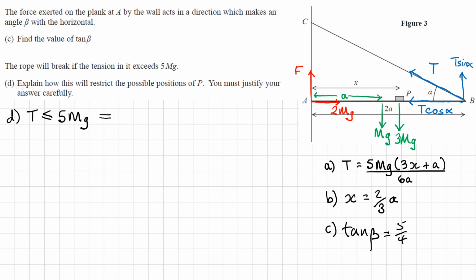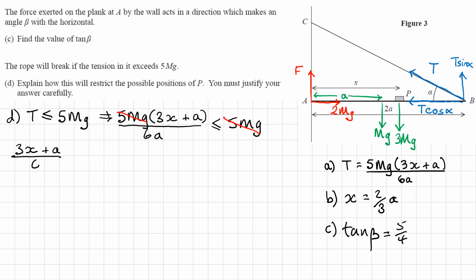So we can take our expression for the tension and put that for T. So we've got 5 mg, 3x plus A over 6A, needs to be less than or equal to 5 mg. Now we can divide both sides by 5 mg. So that will give us 3x plus A over 6A is less than or equal to 1.